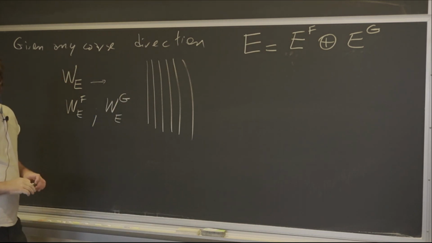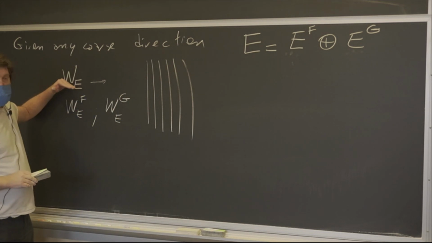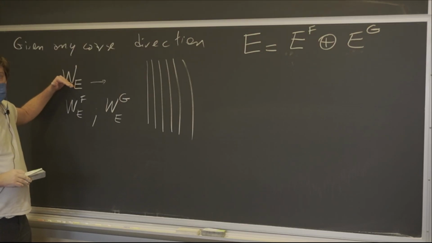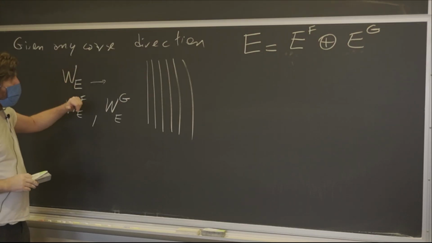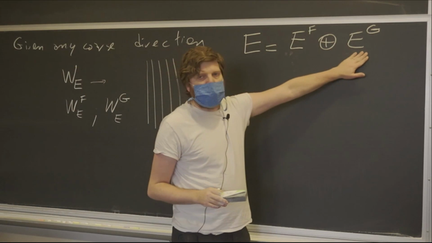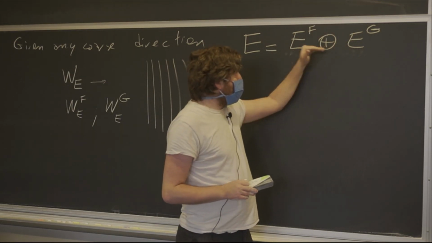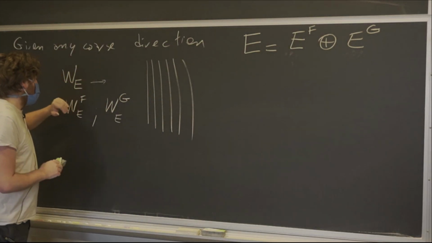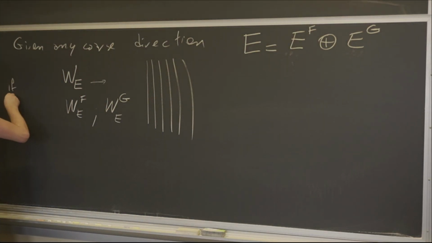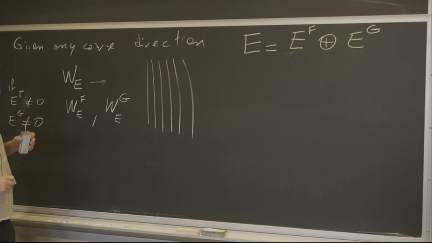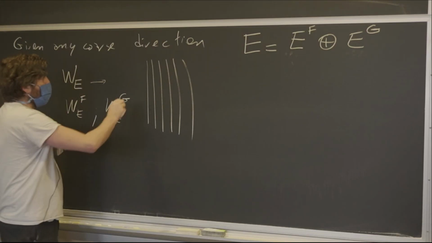And this just comes from the fact that I have the G group action. Again, assuming these two guys are non-trivial. If one of them is trivial, then there is not much to discuss. But if both E_F and E_G are non-zero, then I have these two guys.